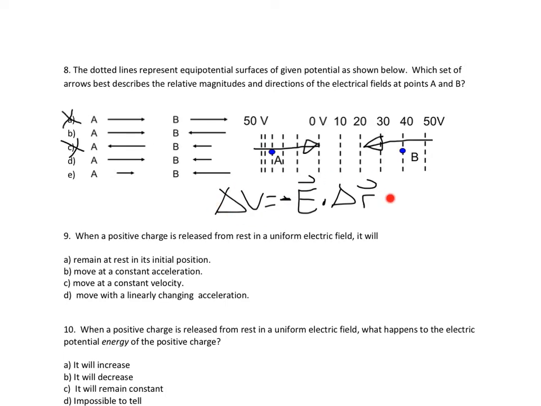This formula also implies that as the spacing between the potential decreases, the electric field must increase because the product is the same. So here we have the electric potential surfaces closer together, so the magnitude of the electric field in case A must be greater. We know that that magnitude EA must be greater than EB, and the only case left that has that is D.